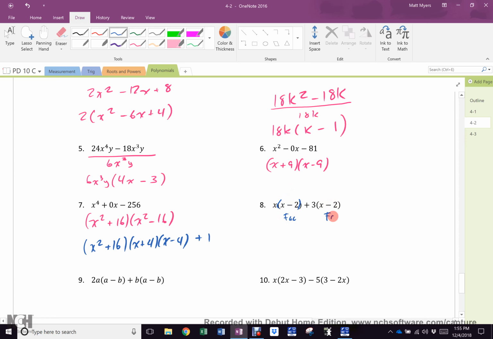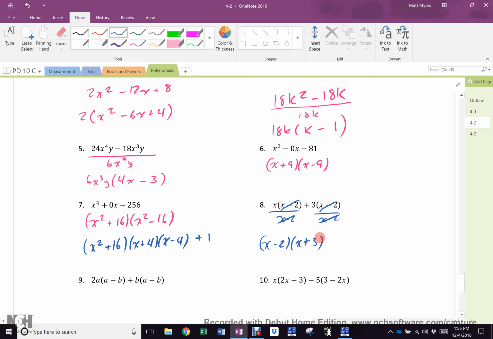So isn't that a factor? And aren't those both common? So what's the greatest common factor? X minus 2 and x minus 2. I write that at the front. What's the answer here? Cancel, cancel. X plus, cancel, 3. Done.